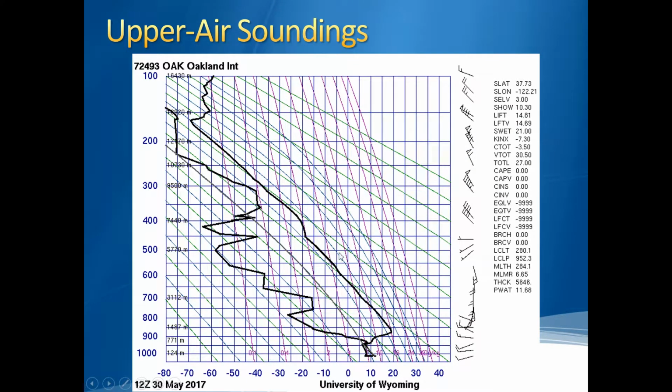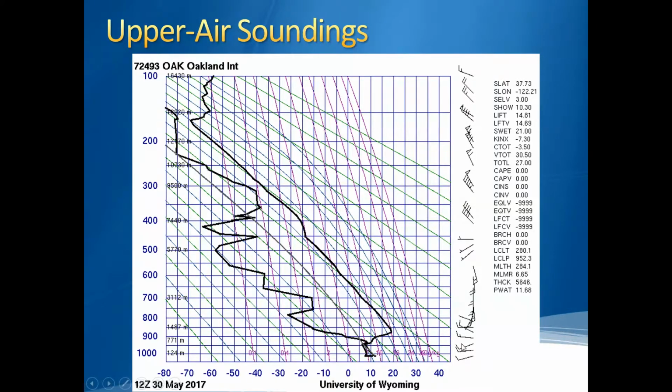The black line to the right represents air temperature. The black line to the left represents dew point temperature. And what you notice is whenever the lines are very close to each other or on top of each other, that represents saturated air. Wherever they're far apart from each other, that represents unsaturated air.